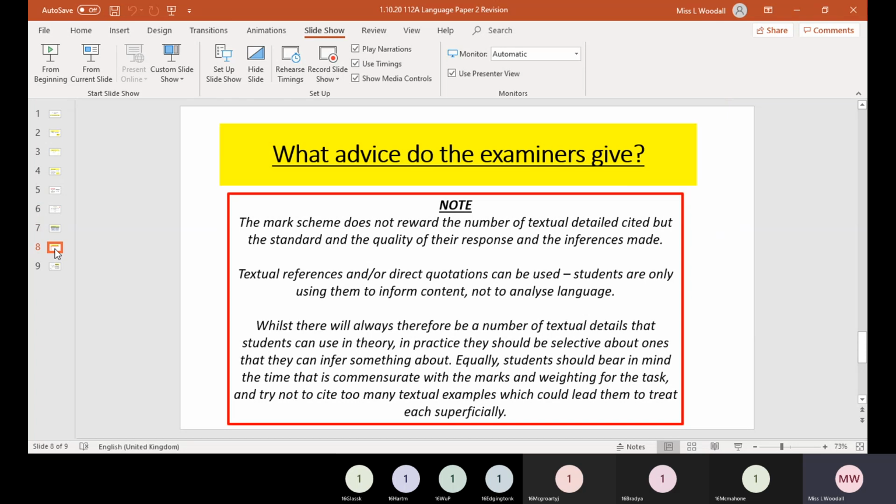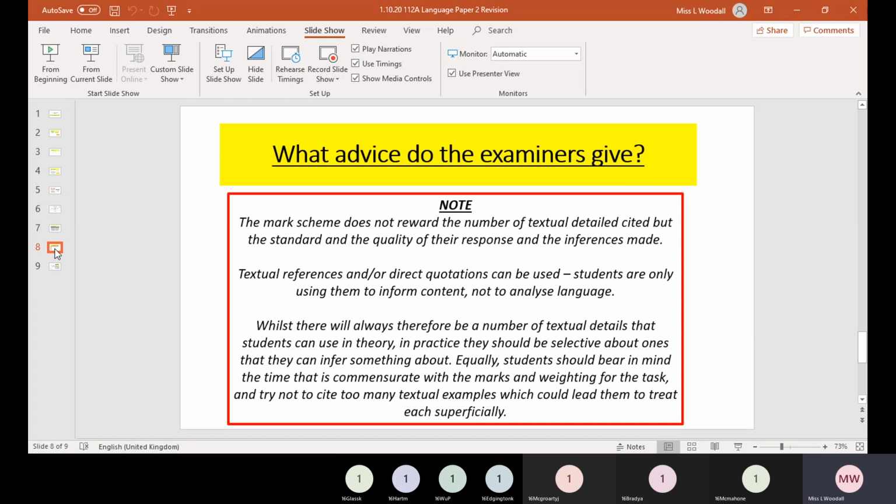If you're ever in doubt and you think, oh, I'll just say something about techniques, don't do that, because it's not where you're getting the marks. If anything, it actually tells the examiner that you don't really know what this question's asking you to do. So please don't analyse language. It's an extra hassle for you that you don't need at this point. The language analysis comes in the next question, so you're just repeating yourself otherwise.